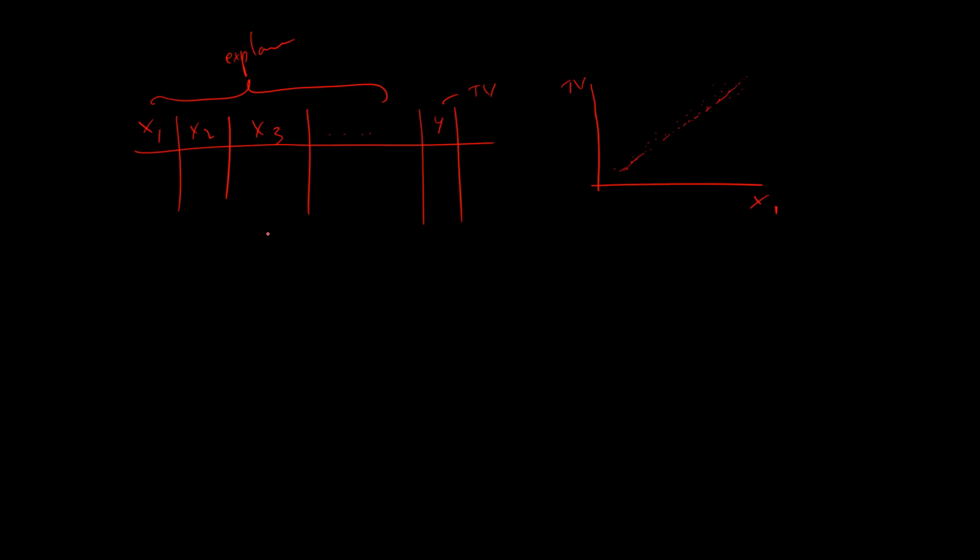So the second assumption says that there should be a linear relationship between your independent variables and the target variable.